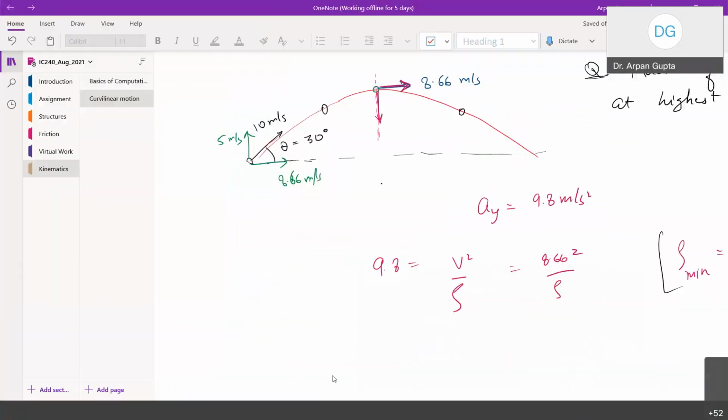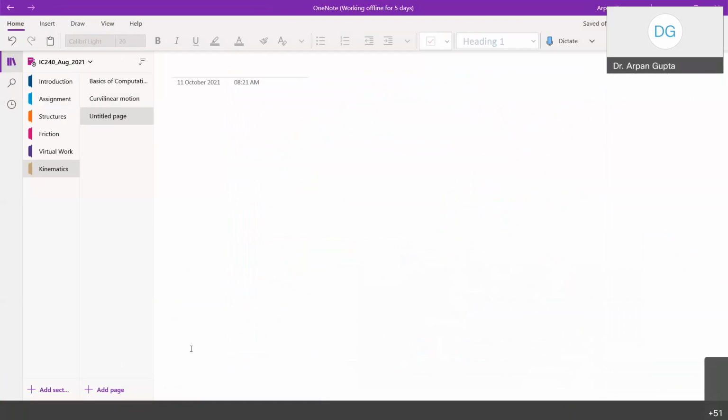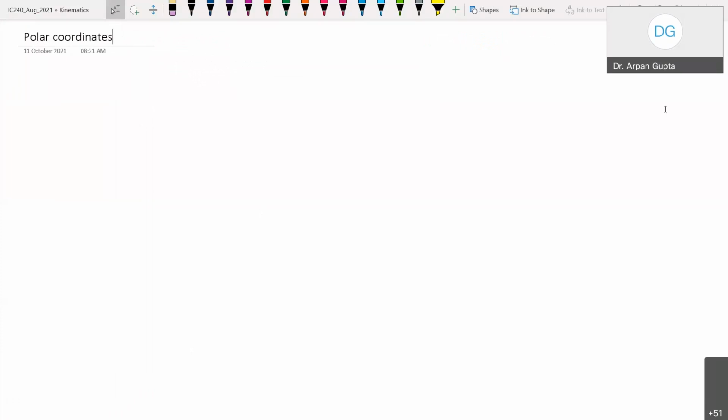I'll switch to OneNote to do the derivation. What is called polar coordinates. Okay.